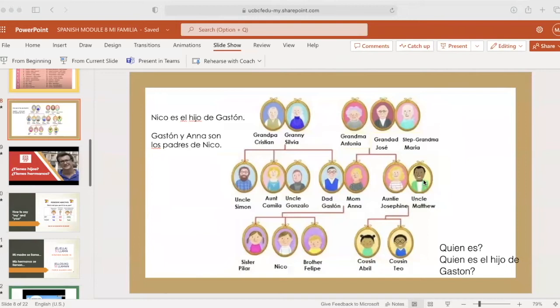Matthew, where's Matthew? Es la tío de Felipe. Correct ba? Is it correct, everyone? Sabi ni Mark, Matthew es la tío de Felipe. No, ma'am. Wrong. Because it should be el tío. Okay, you corrected yourself.